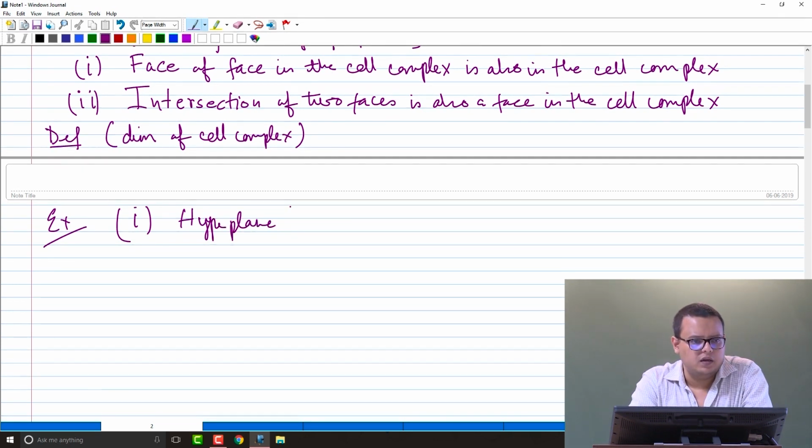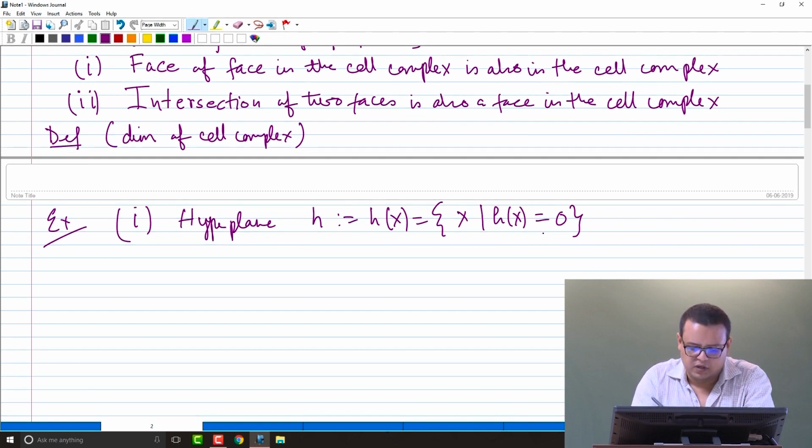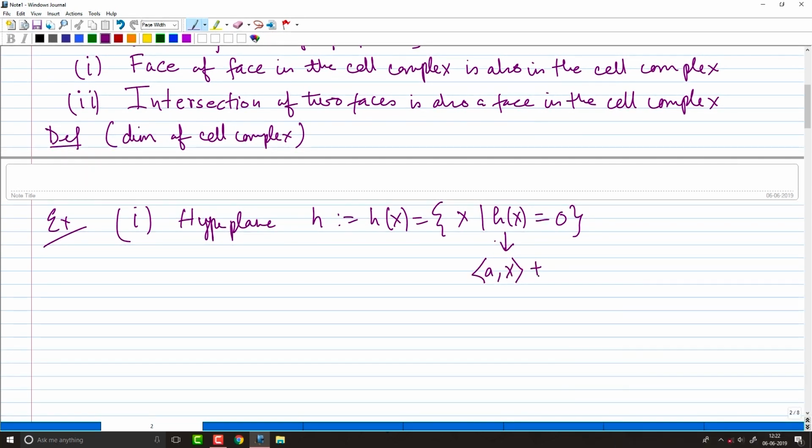Is it a polyhedron? A hyperplane H is nothing but all the x's satisfying h(x) equals 0, where h(x) is an affine function, so h(x) is of the form a·x plus b equal to 0, where b belongs to R and a belongs to Rd.